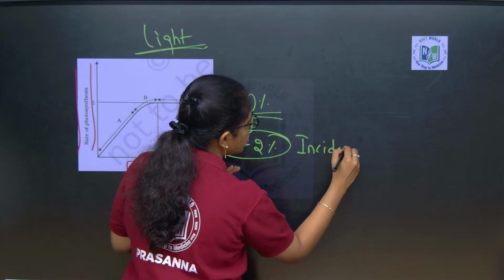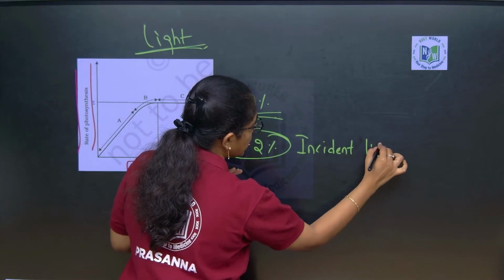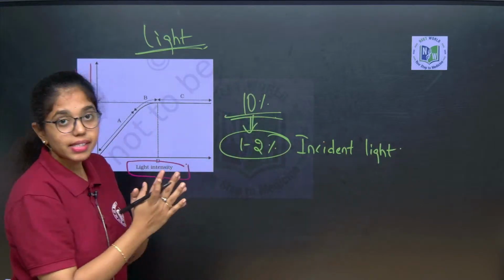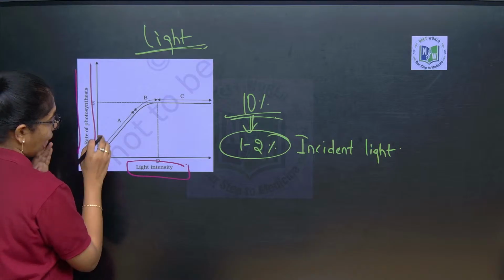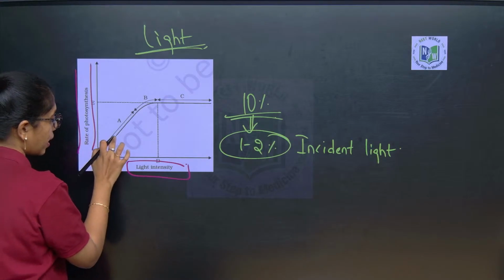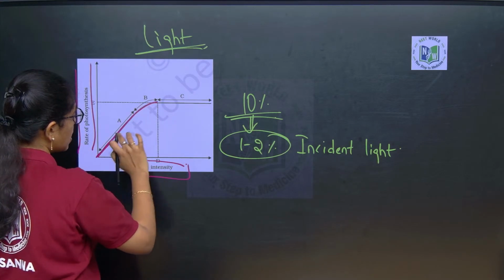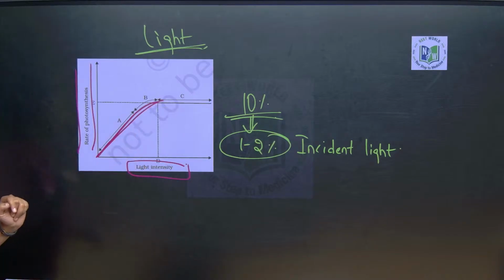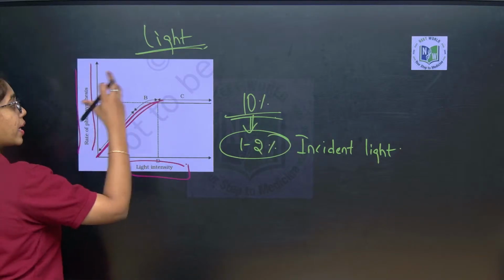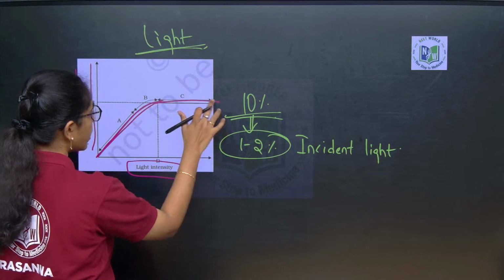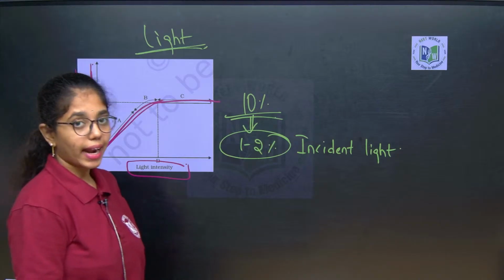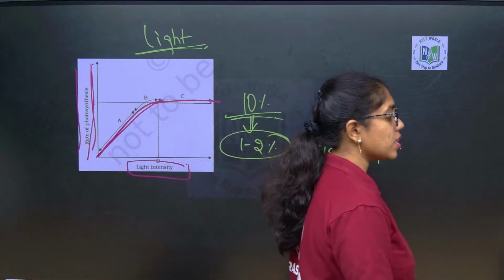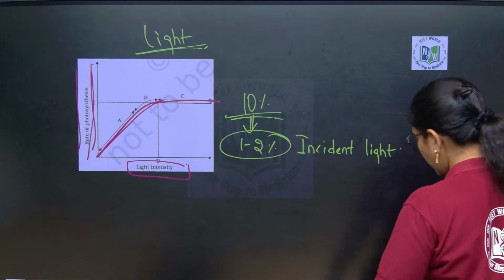Do remember, only 1 to 2% is utilized. As the light intensity increases, the rate of photosynthesis also increases, but further increase after the saturation point will not show any rise in the rate of photosynthesis, when it is saturated at 10% of total sunlight.